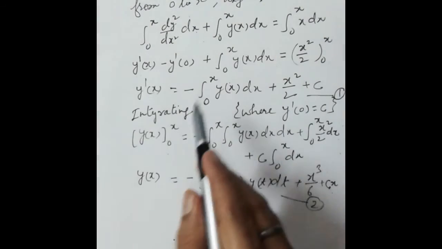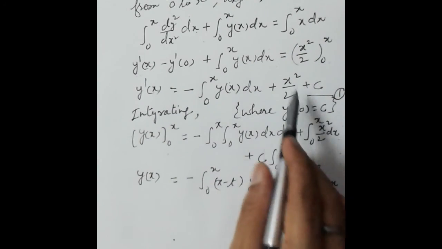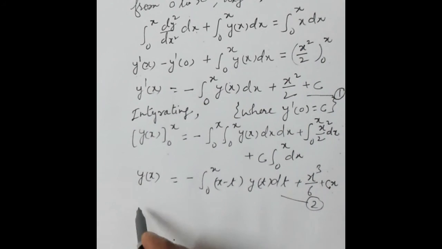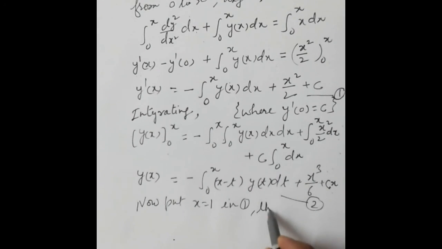Now put x equal to 1 in equation 1. We get the value of c: c equal to the integral from 0 to 1 of y(x) dx minus 1/2.